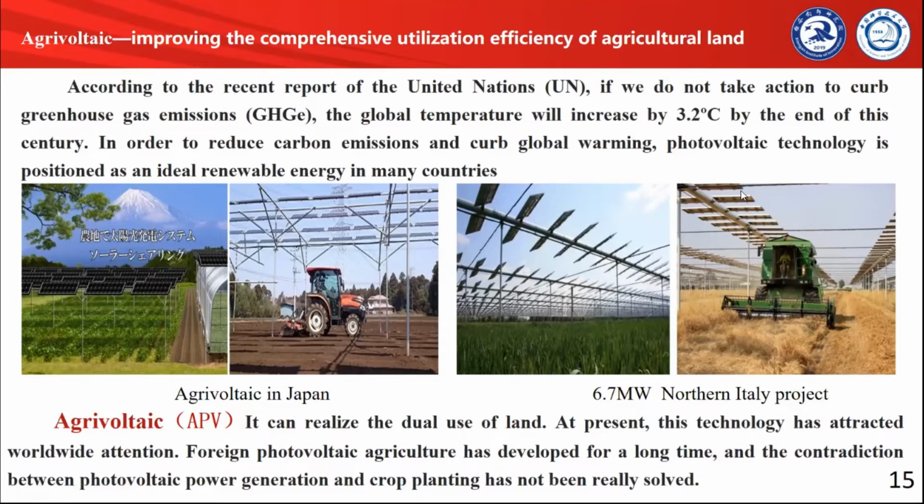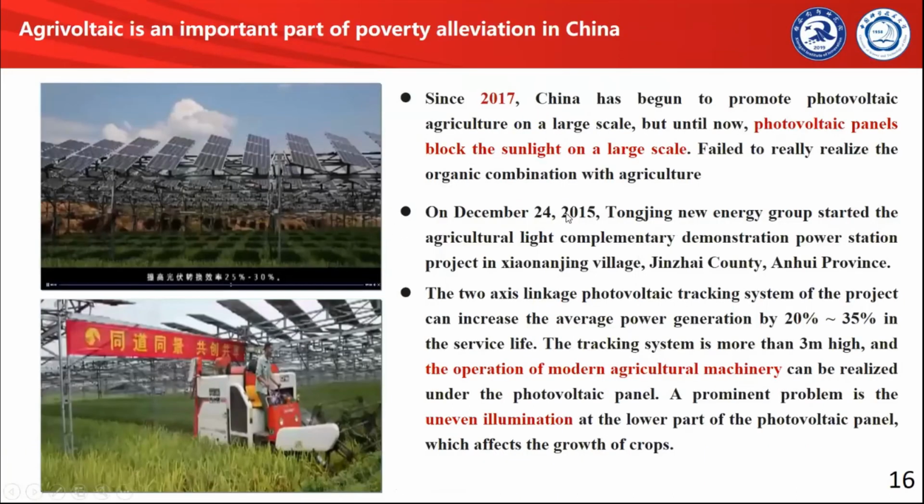In China, suddenly we built a lot of APV systems in the last 5 years. That is because the Chinese government combined APV with a big national project called anti-poverty, Fuping.